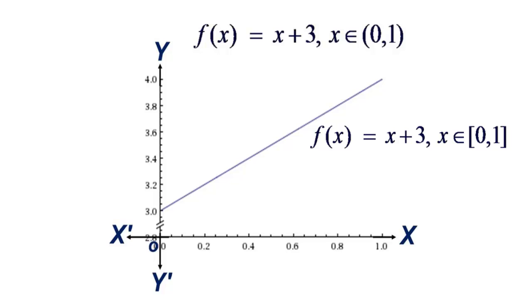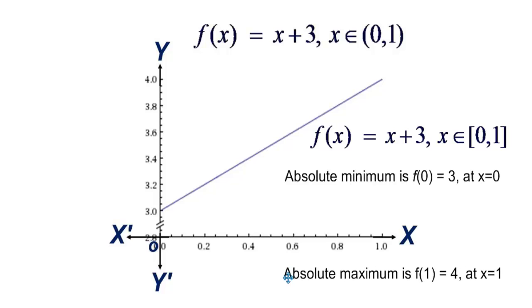This minimum value at x equal to 0 is called the absolute minimum, and it is f of 0, which is equal to 3. And this maximum value is called the absolute maximum value, and it is f of 1, which is equal to 4.